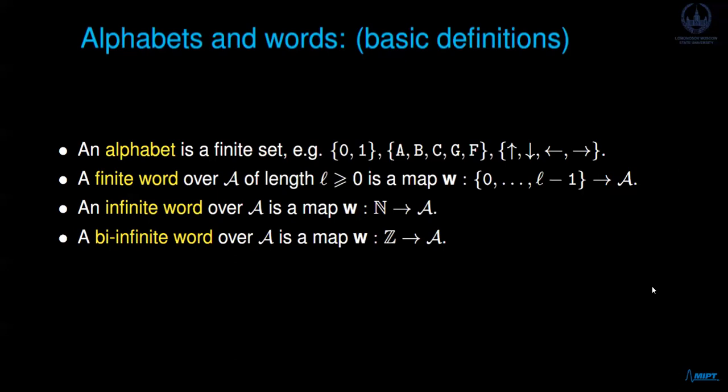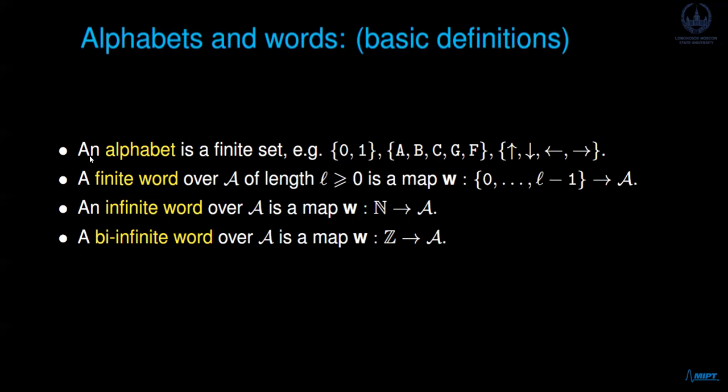Now, let's dive into some basic definitions that are fundamental to combinatorics on words. First, we define an alphabet, which is simply a finite set of symbols.